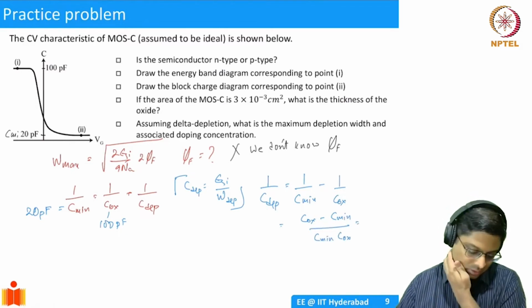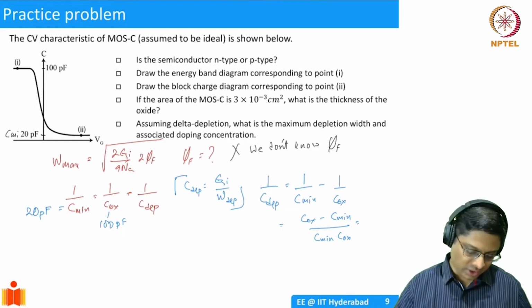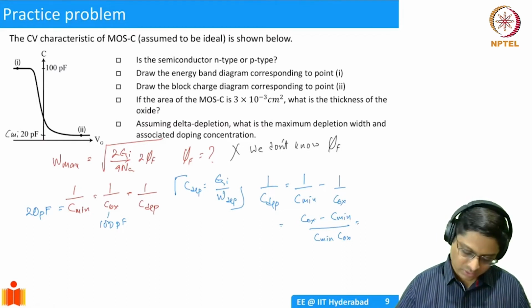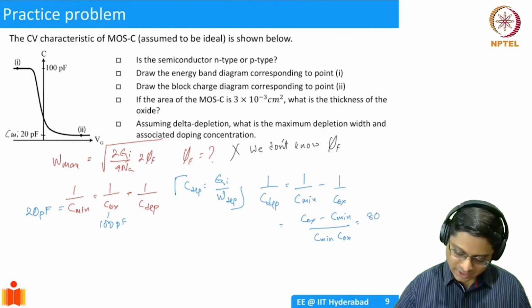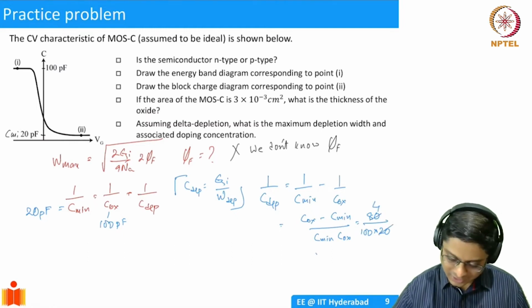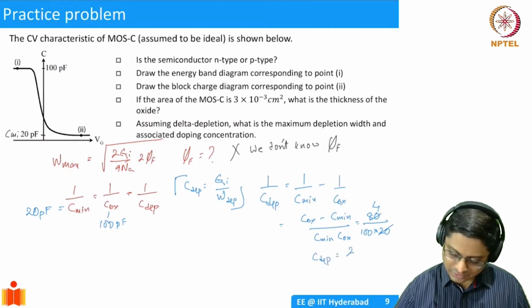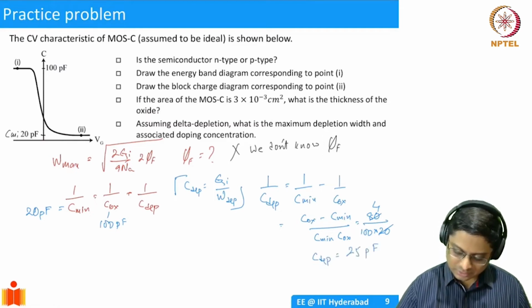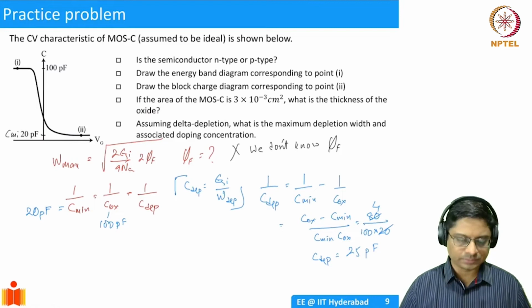What is this? C ox is 100, C min is 20. So this will be 80 divided by 100 into 20. So this will be 4, and this is equal to 1 over C depletion. So I'll actually write C depletion as 25 picofarads. Okay. That's how it is.